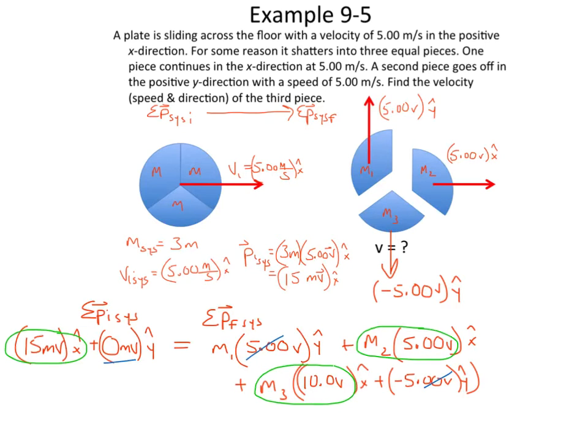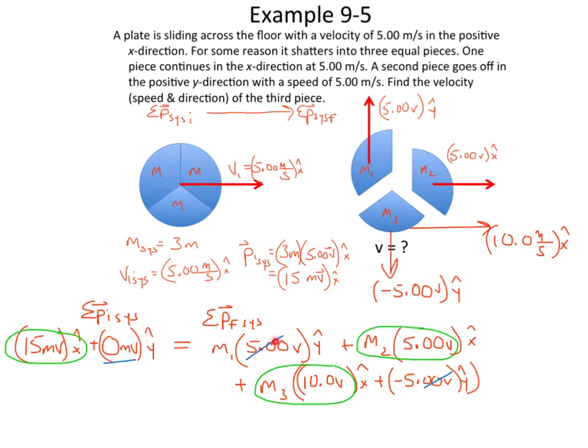So, we have determined what the final velocity components of mass 3 have to be. We said that it has to be negative 5 meters per second y hat, but it's also going to be positive 10 meters per second x hat, because that and only that satisfies the condition that the whole system had at the very beginning: that there's 15 mass velocity units of momentum in the x direction and none in the y direction.